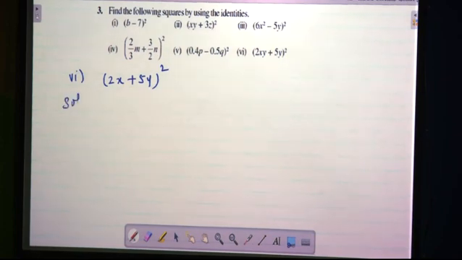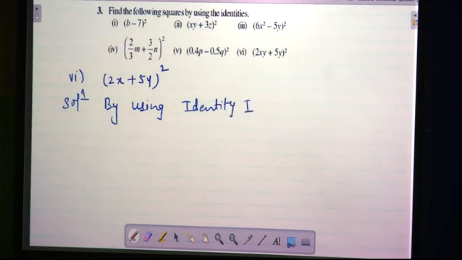So, by using identity first, we are going to solve it. 2x plus 5y bracket square means a plus b bracket square.